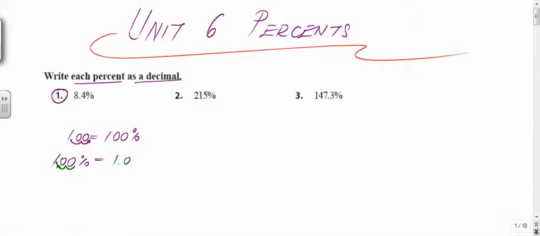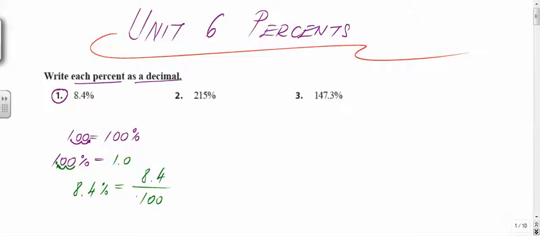8.4%. I mean, basically this is one way. Another way is to write your 8.4% as a fraction, which is what? Well, 8.4% is 8.4 per 100, right?